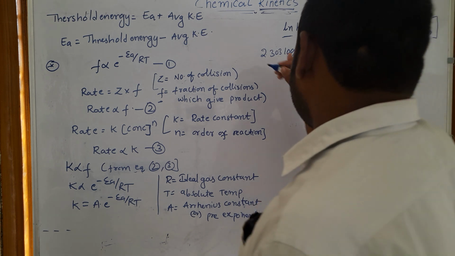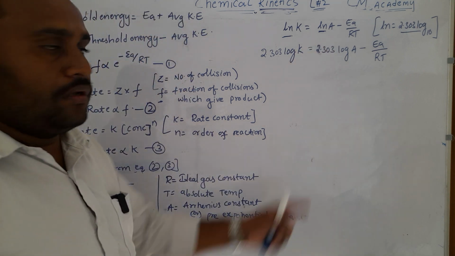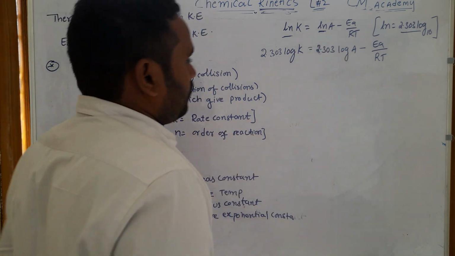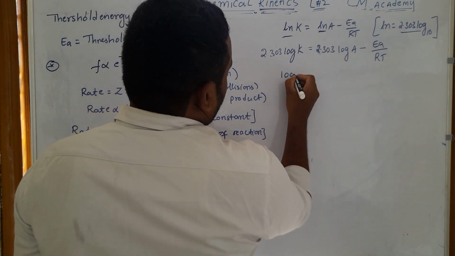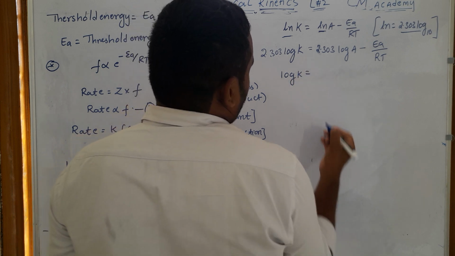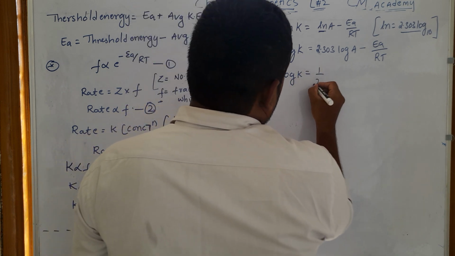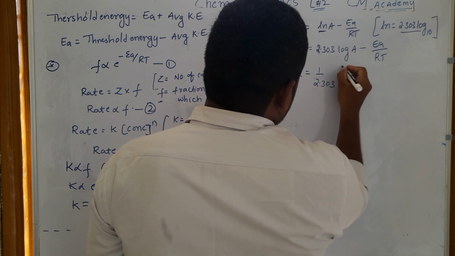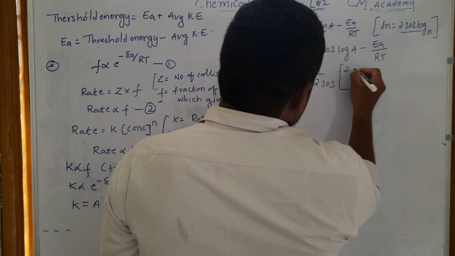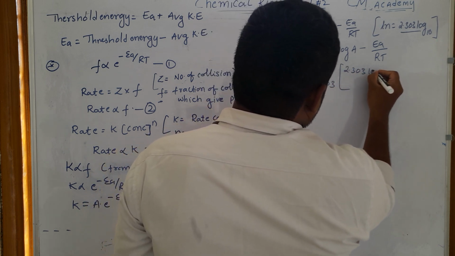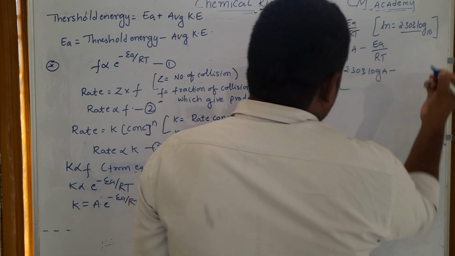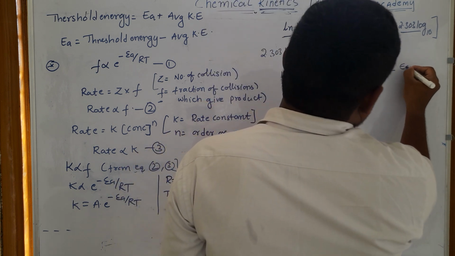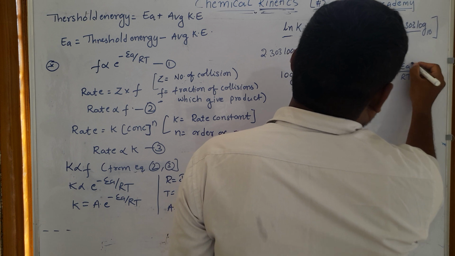You send this 2.303 to the right side, it will become log k is equal to 1 by 2.303 into 2.303 log A minus Ea by RT.